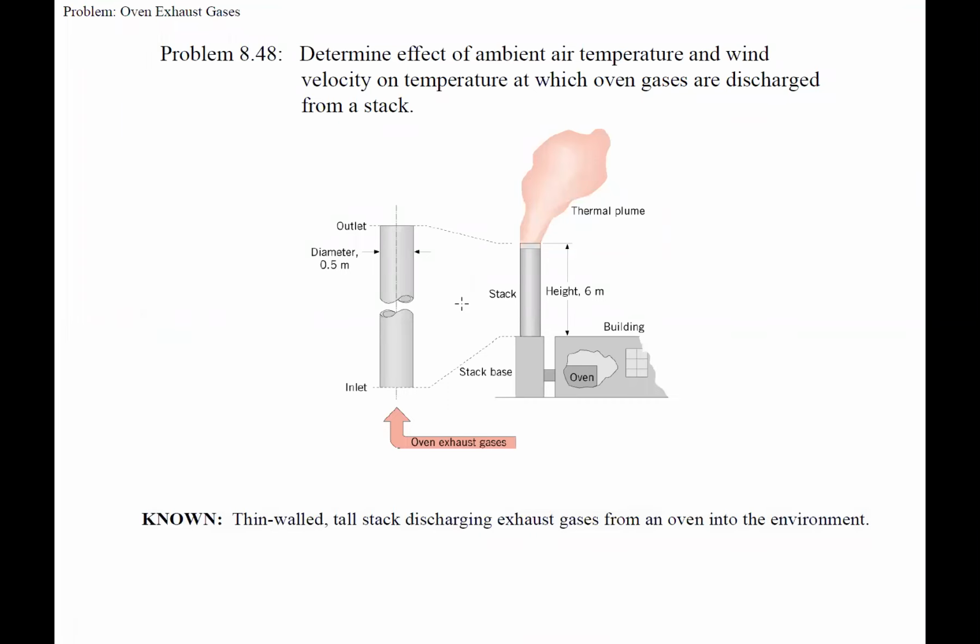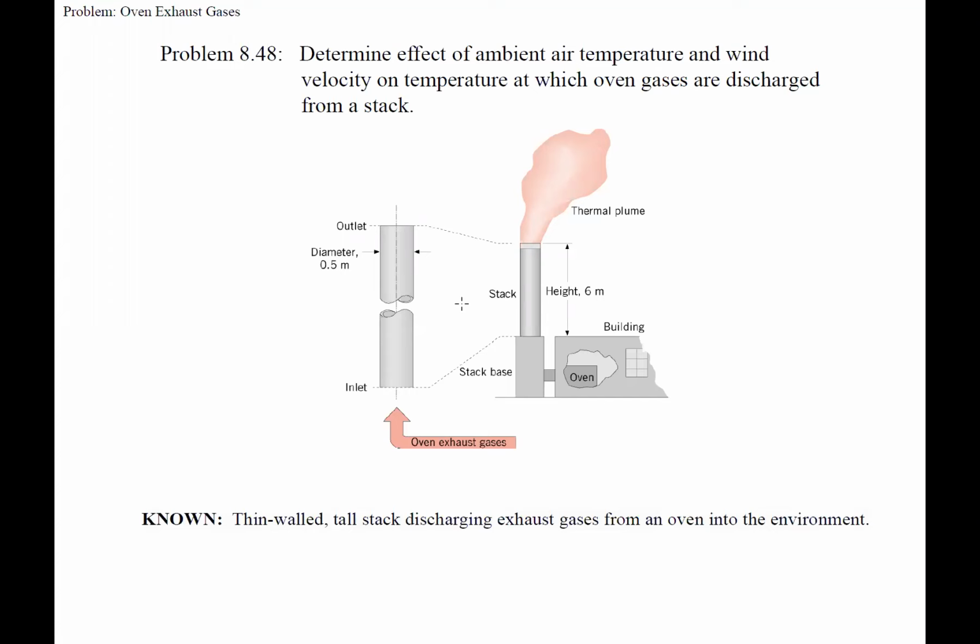Knowledge of the outlet gas temperature, Tm,o, is useful for predicting the dispersion of effluents in the thermal plume, while knowledge of the outlet stack surface temperature, Ts,o, indicates whether condensation of the gas products will occur. The thin-walled cylindrical stack is 0.5 meters in diameter, 6 meters high. The exhaust gas flow rate is 0.5 kilograms per second, and the inlet temperature is 600 degrees Celsius.